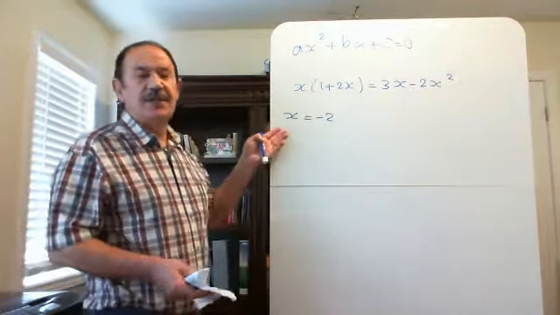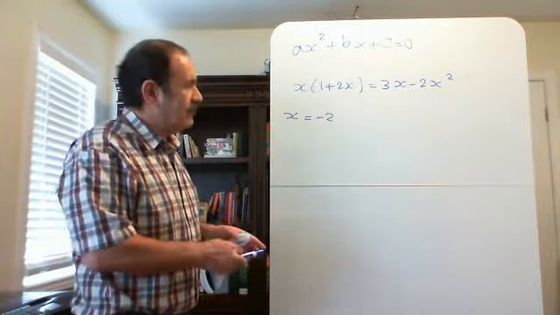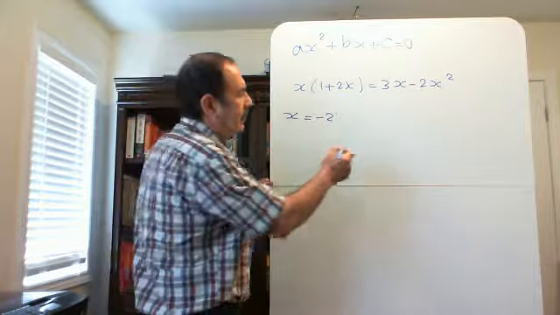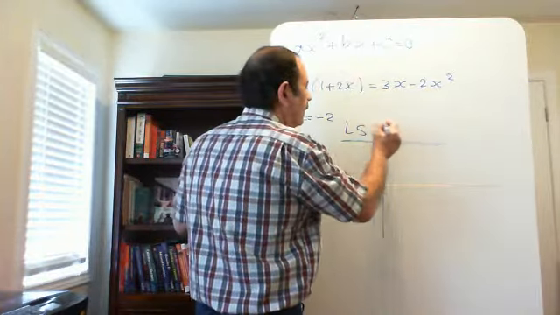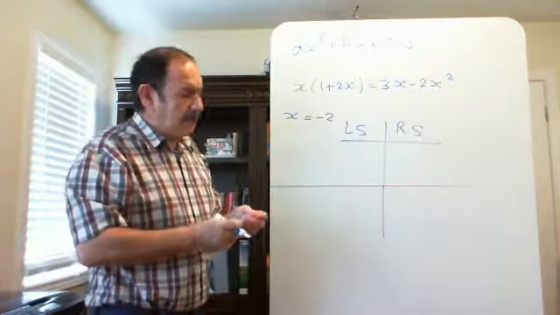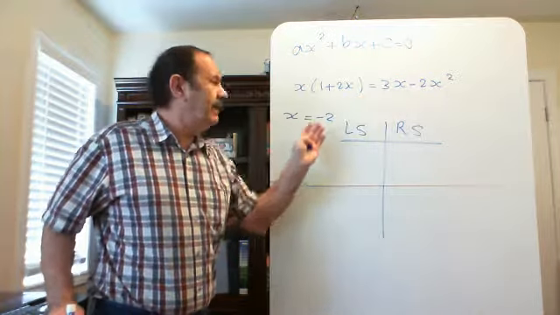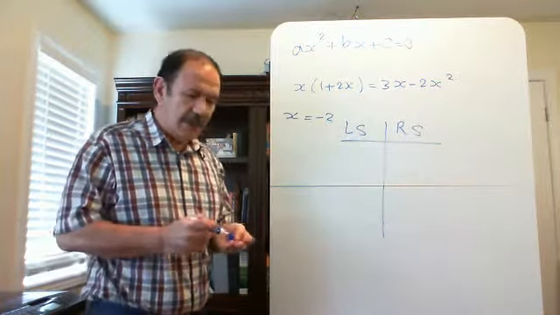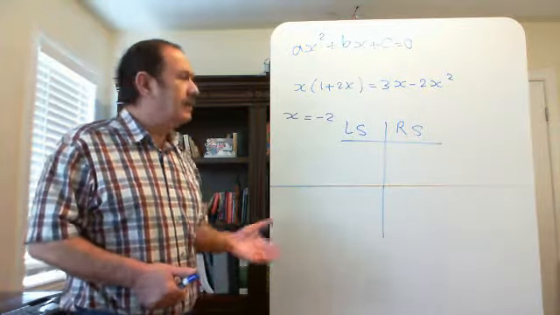In this type of situation, just draw a table, left side, right side. Substitute the value of x in the equation in the same format. If left side and right side are equal, then it's a solution. If not, it's not a solution.